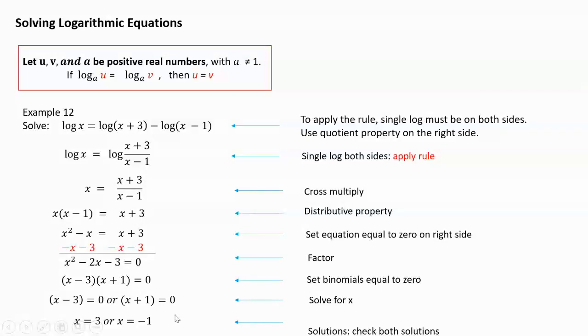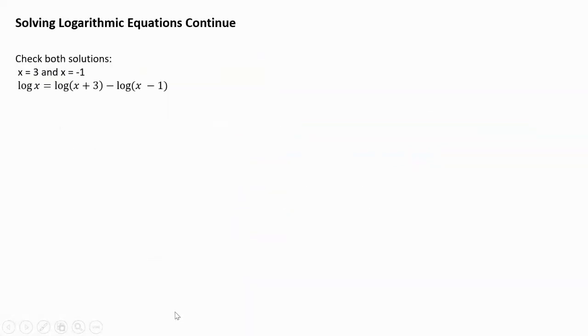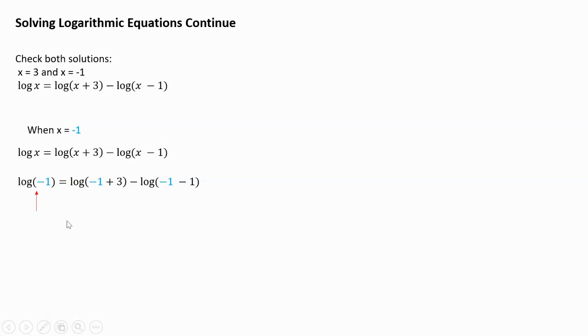So now let's check our results. When x is negative 1, let's see what happens. Right away we know it's not going to be defined, because log of a negative number is not defined. So no solution for that one. That's not a solution.